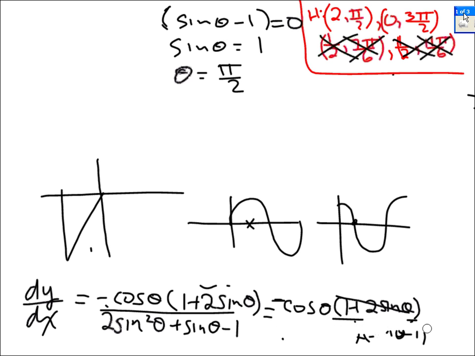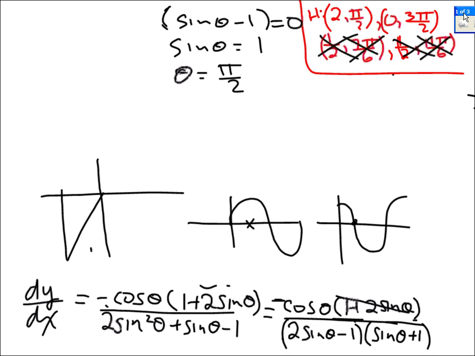The bottom happens to be the following. It's 2 sine theta minus 1 times sine theta plus 1. Let me double check that one. Yeah. Okay. So let us finish this nicely.